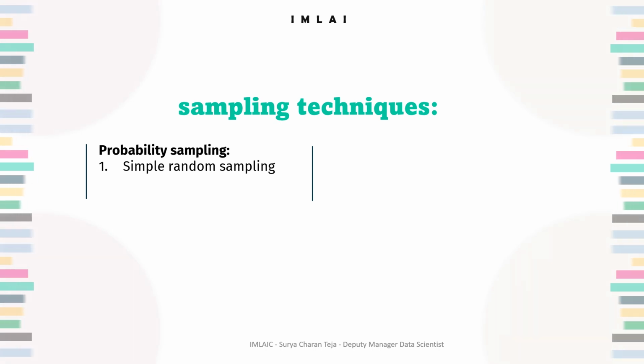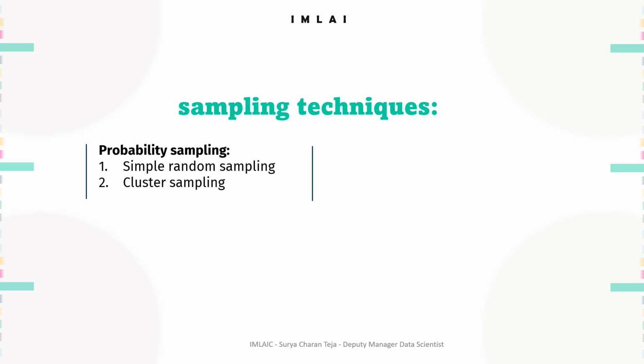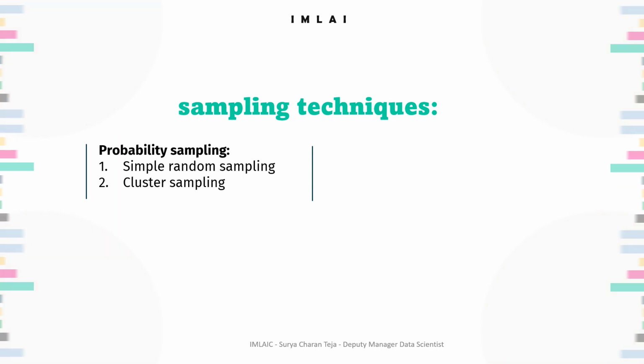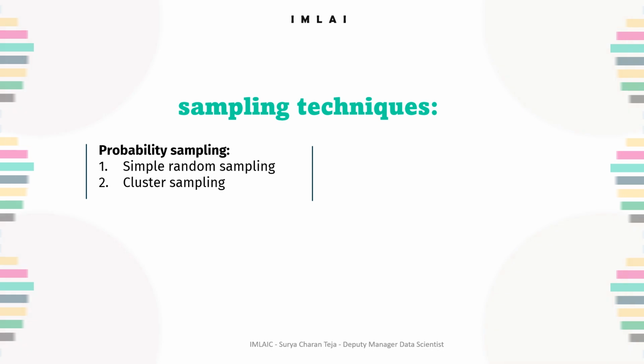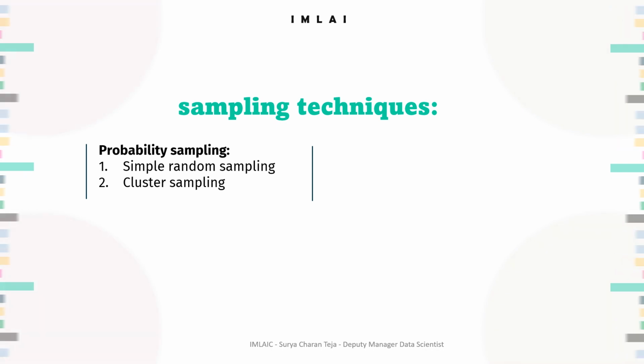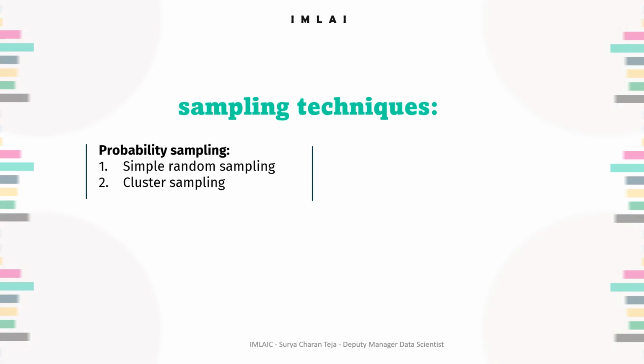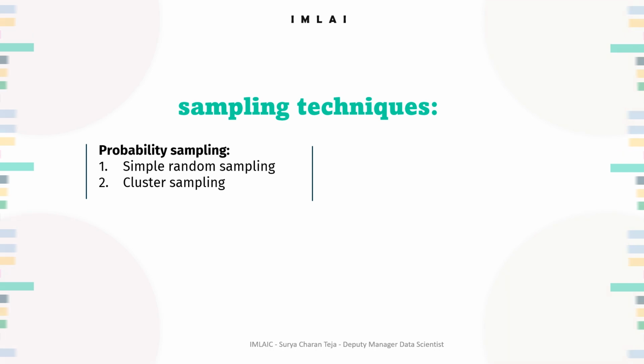Then we have cluster sampling. In this technique, the population is divided into clusters such as geographical areas or neighborhoods, and a random sample of clusters is selected. So first you make them into clusters, and then you have to select those clusters randomly.